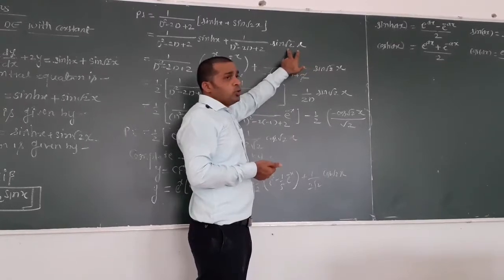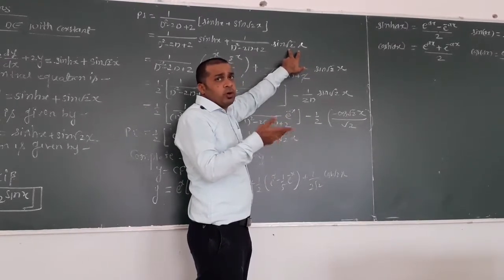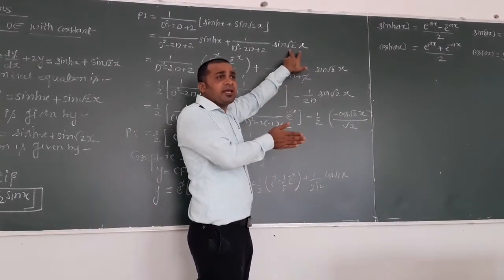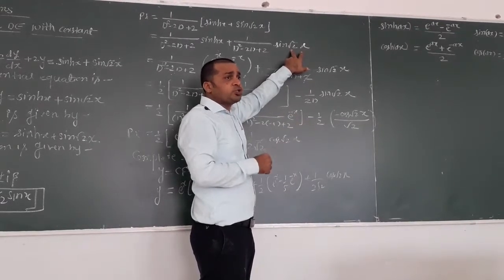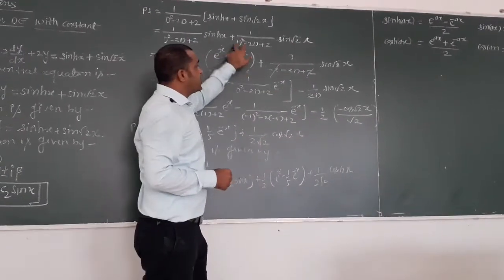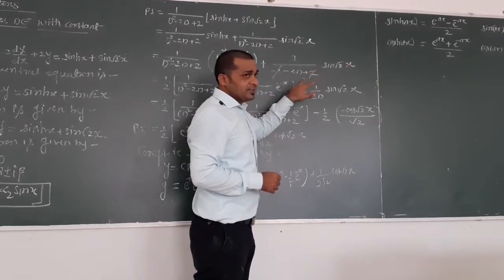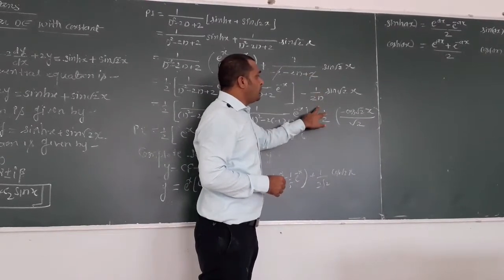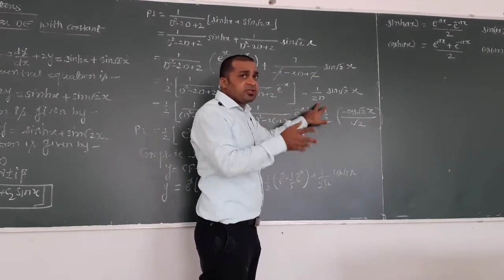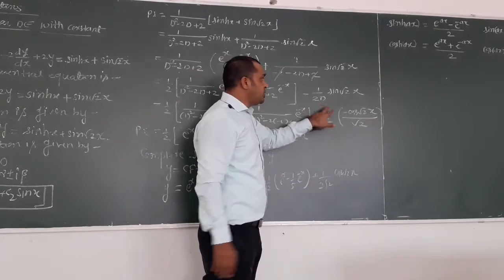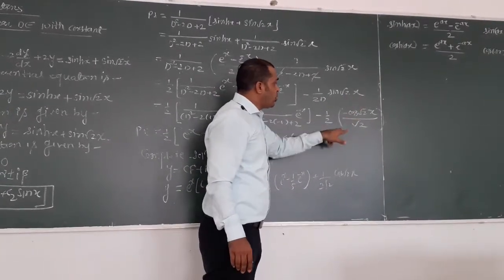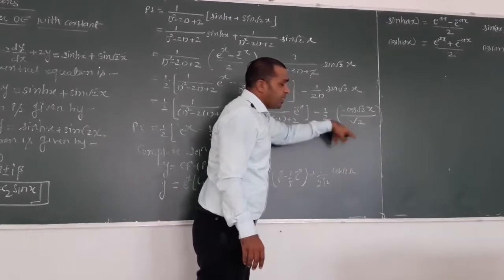The square of root 2 is 2, multiplied by the minus sign to get minus a square, so we have minus 2. So D square will be replaced by minus 2, that will get cancelled. We are left with minus 1 upon 2D. 1 by D means integration with respect to x. Do the integration. The integration of sine root 2x is minus cos root 2x by root 2.